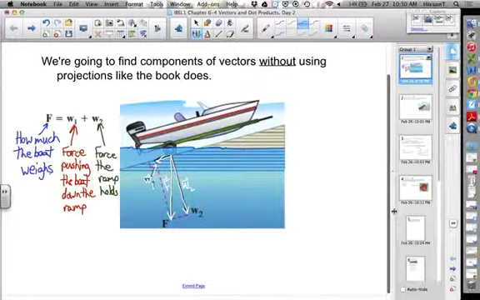This W1 is going to be the same as this vector down here. That's W1. Remember, vectors are not tied to a certain position, so we're going to move it down here.